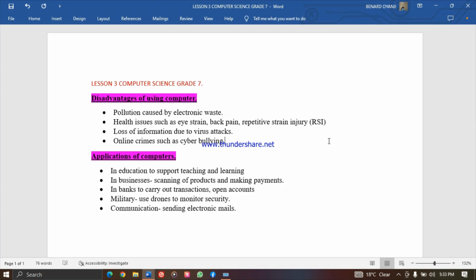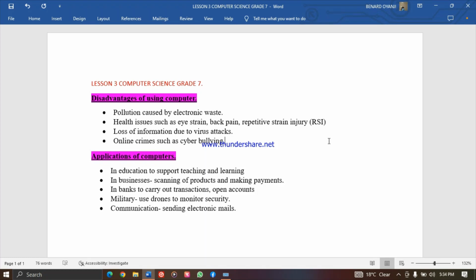Then number 3, we have loss of information due to virus attacks. Mostly virus attacks come when you, for example, visit a malicious site online and download some information, and then a virus attacks your data inside your computer.